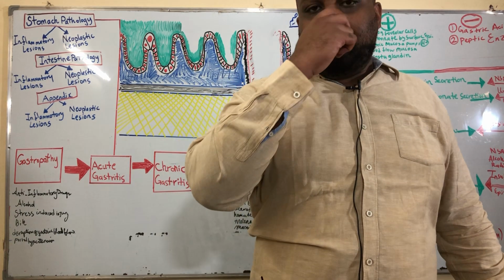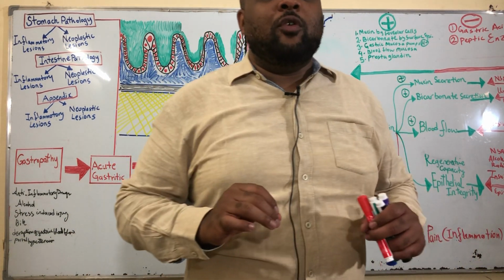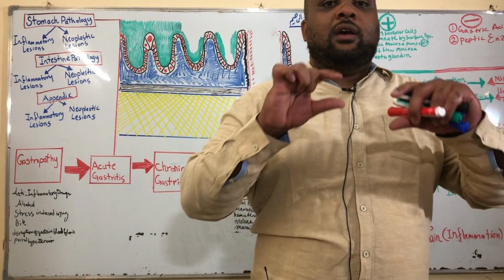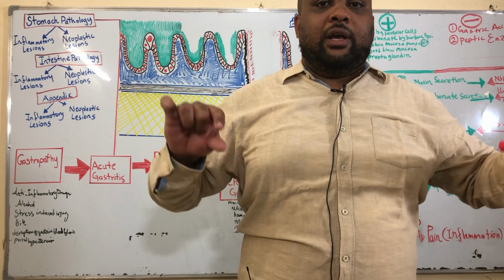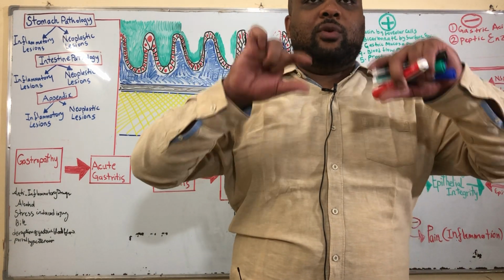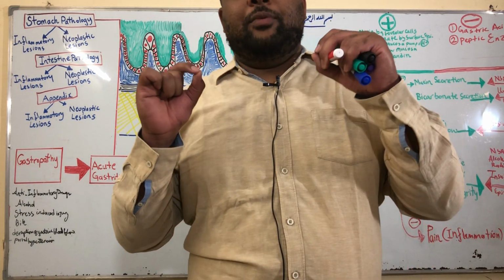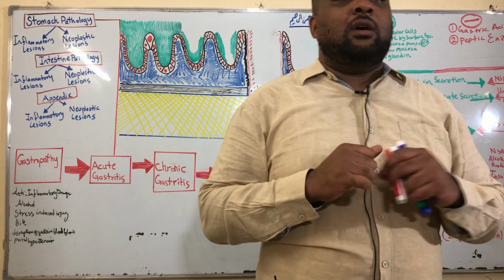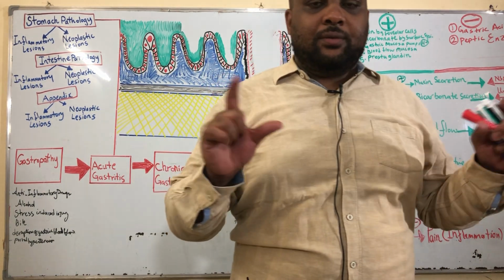That mucous membrane is secreted by foveolar cells in the mucus layer. So the mucus layer is itself generated by mucin secreting cells called foveolar cells, and that is the mucosa.